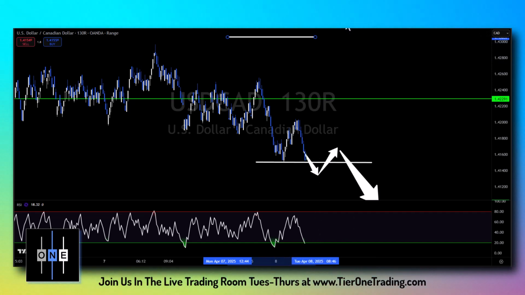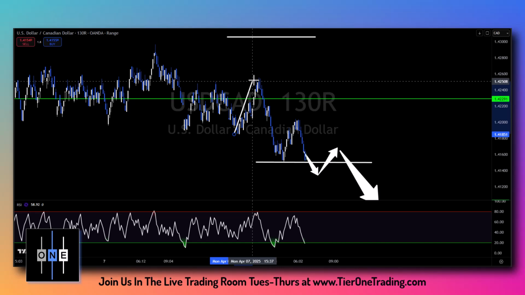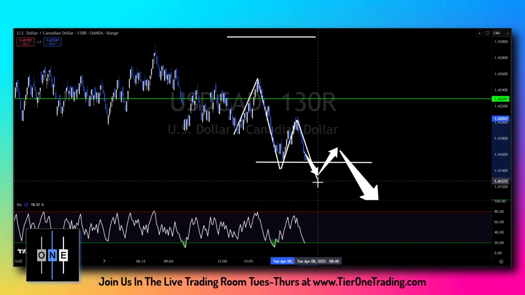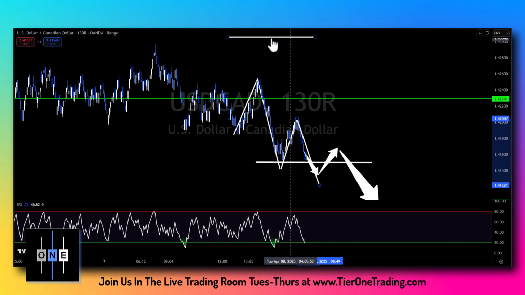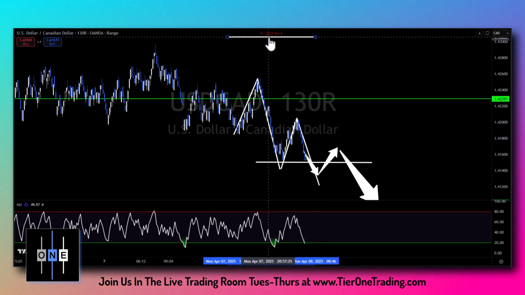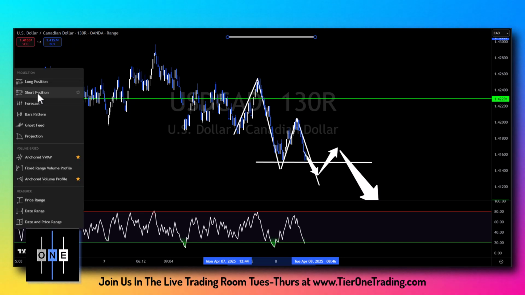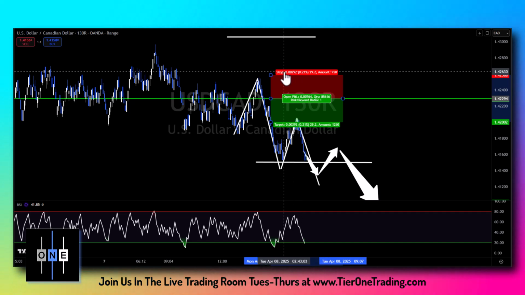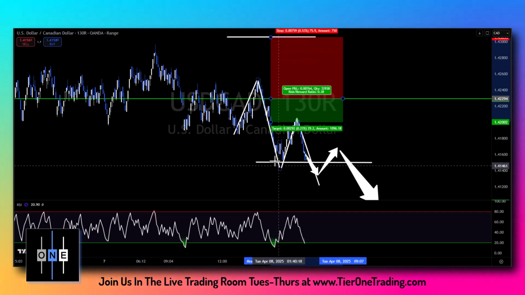Because you can see as we create structure, right? And I personally do that structure, but there's many different ways. As we create new structure lows, and this is how I manage them, that stop, which is initially right up here, which if we measure it out, again, let's do a short position. And again, we're not going to see what that candle looked like on the chart, but it was somewhere around here, right?